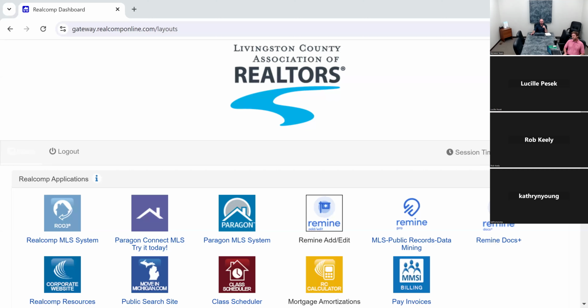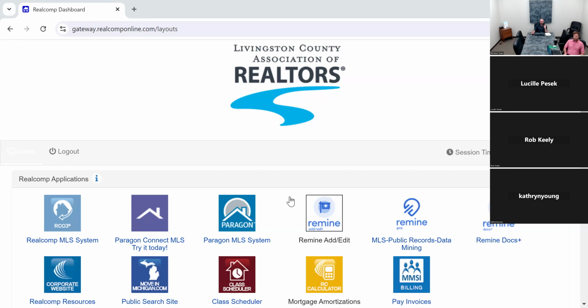What I wanted to start out with in sharing the screen is showing how to get to the form. I thought this computer was updated and still the Zoom share is slow. All right. So starting out now, for those who are not Real Comp members, if you're Paragon or Flex, it's going to be obviously different.